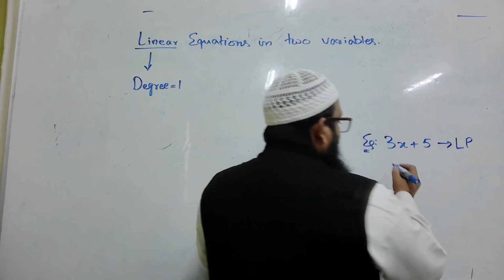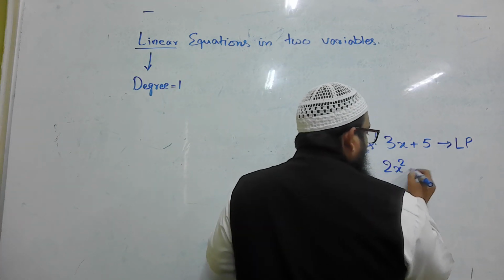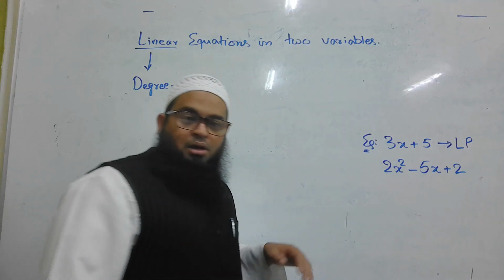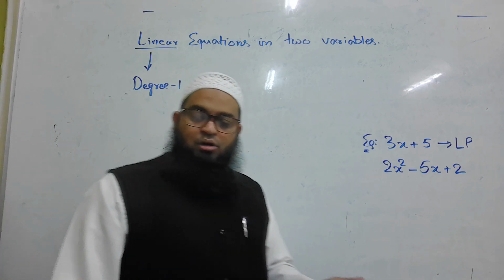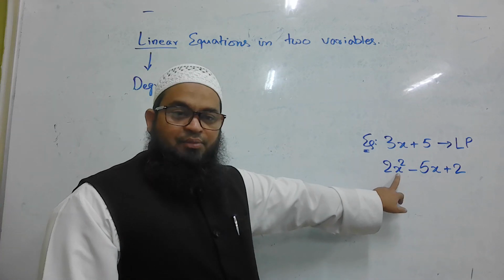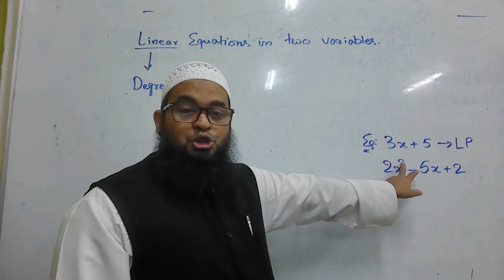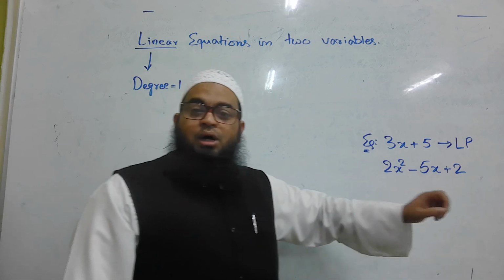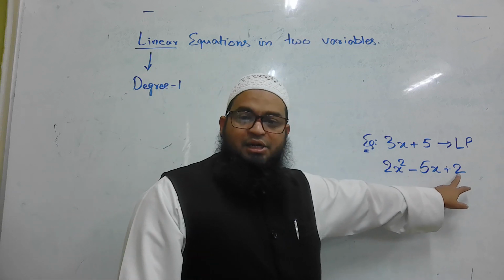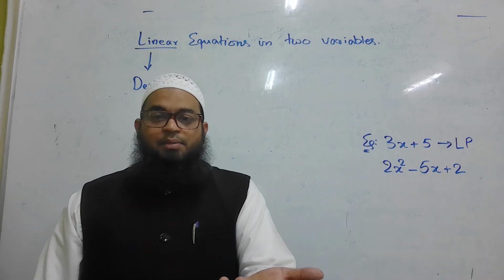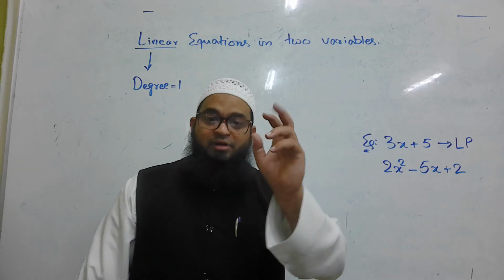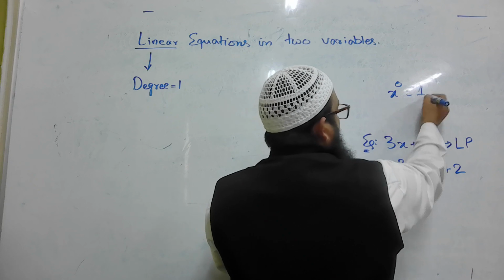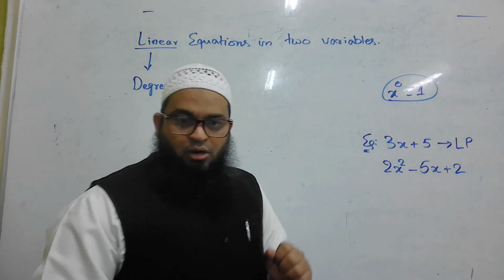Now if I take 2x square minus 5x plus 2, in this polynomial, what is the power of x? The power of x is 2, and here the power of x is 1. What is the power of x in 2? If there is no variable, that means the variable has the power 0, because in exponent form it is x to the power 0, which is 1.